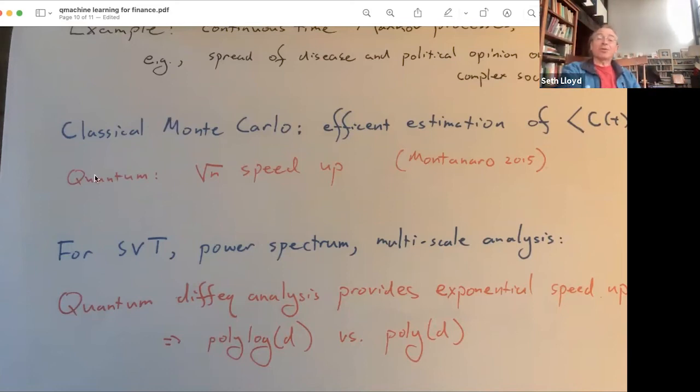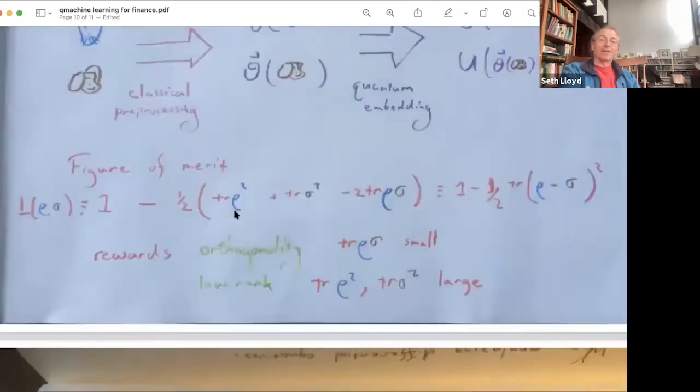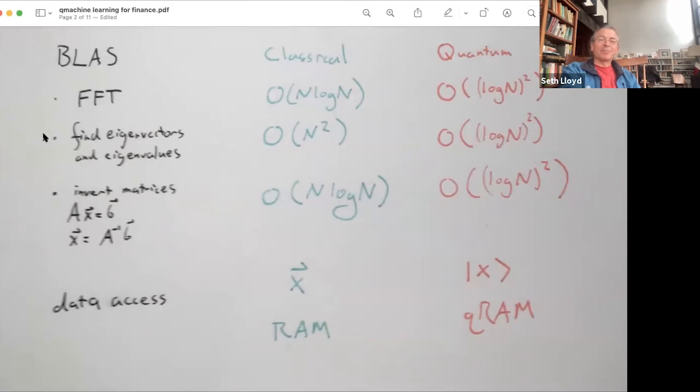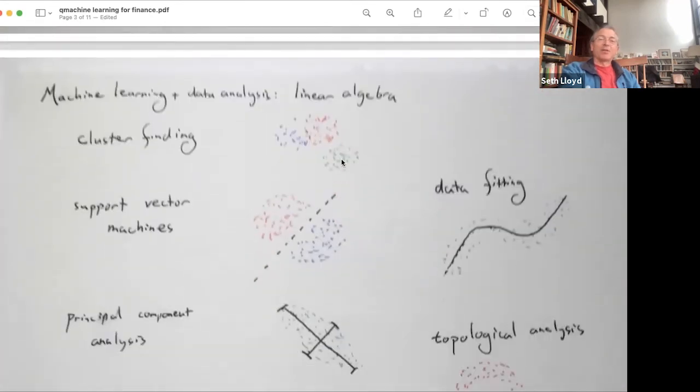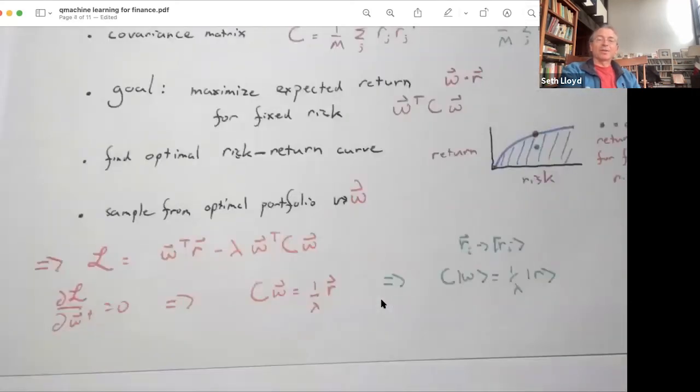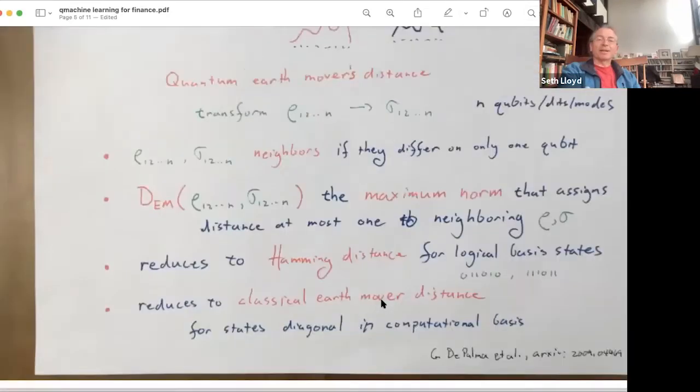And I'll just simply mention that if you look at these methods that I described way back at the beginning, these kinds of basic linear algebra subroutines, and all of these methods that give you exponential advantages, let me go back to this last slide.